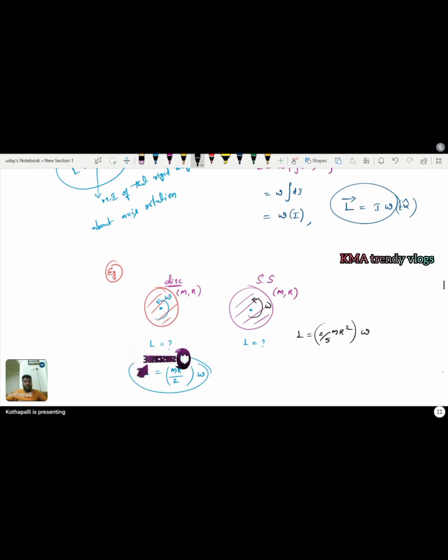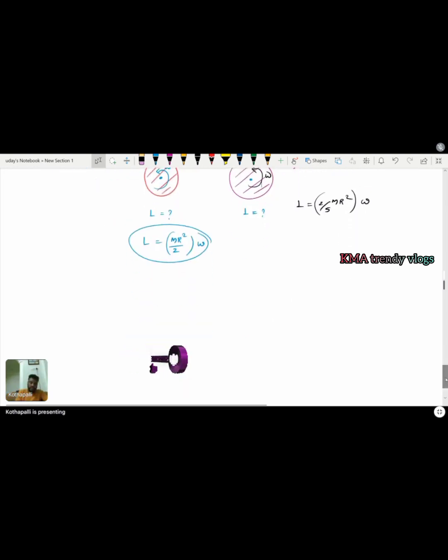Now, if the axis of rotation is at any other different place, how do we calculate angular momentum? Let's see in another example. Now, take the situation: three solid spheres of mass m and radius r are placed at the vertices of an equilateral triangle of side length.